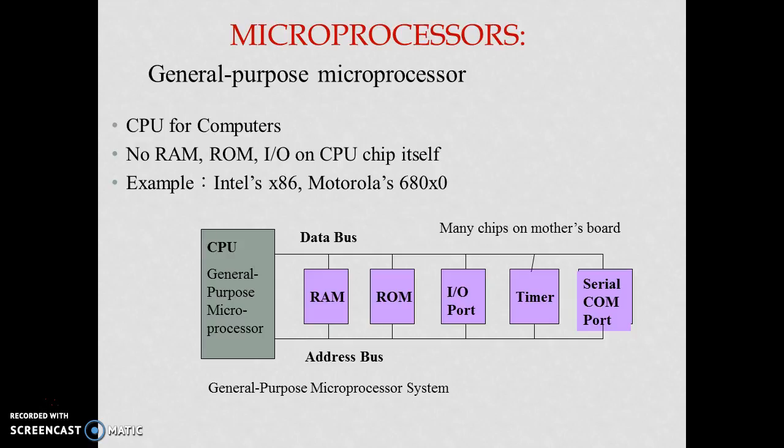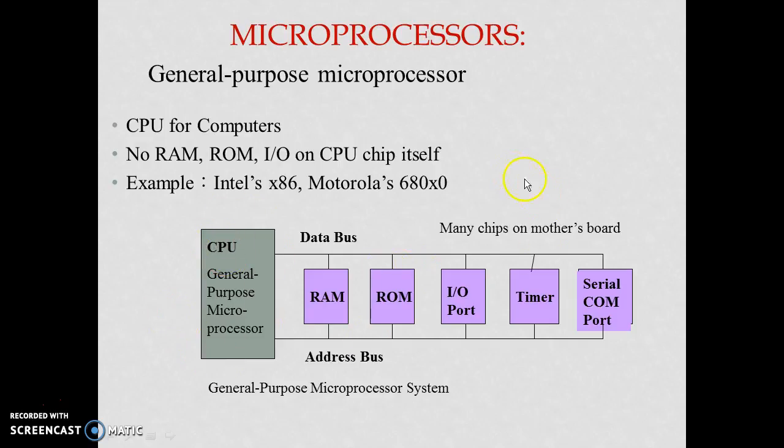Now see what the microprocessor is first. This is a general purpose microprocessor. This is our central processing unit, which itself doesn't contain memory. RAM, ROM, I/O ports, timer, and serial I/O ports are outside of this microprocessor. It contains some general purpose registers, timing blocks, interrupt routines, and serial facilities in the central processing unit.